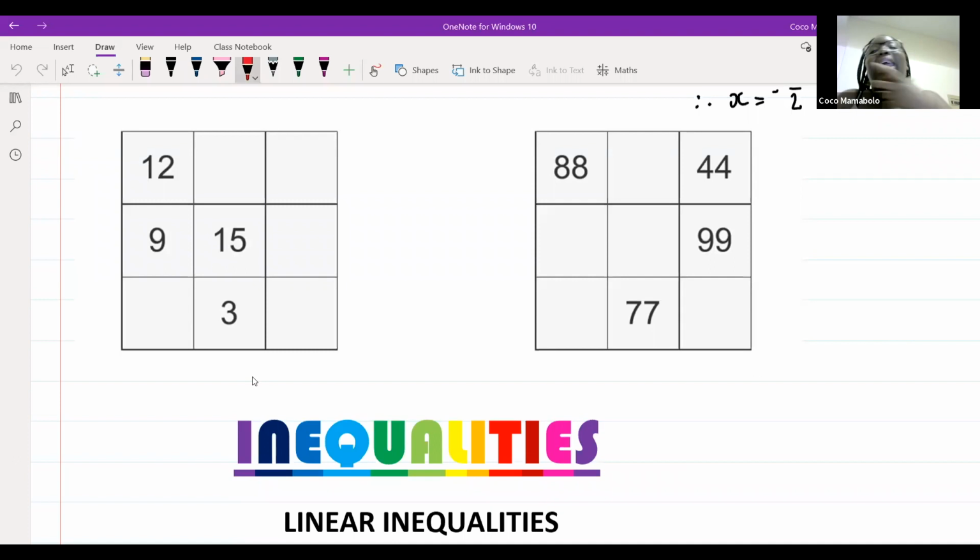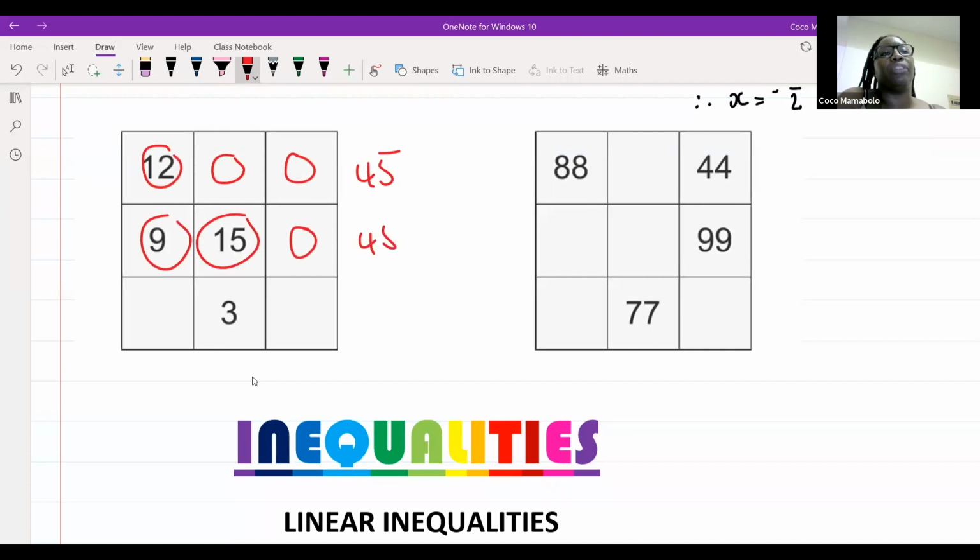All right, so what I need from you guys with the magic square is I need you to add up all the numbers on each side so that they're equal to the same number on every side. So 12 plus something needs to give me 45. And 9 plus 15 plus something needs to give me 45. And this number plus this number plus this number needs to give me 45.